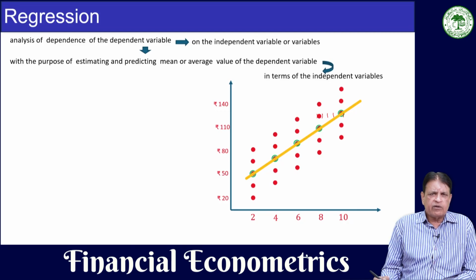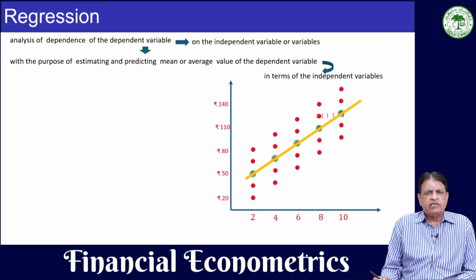When he calculated the mean height of the children of tall parents and also of short parents, he found that the mean height of the children of tall parents is less than the mean height of their parents, and the mean height of the children of short parents is more than the mean height of their parents.